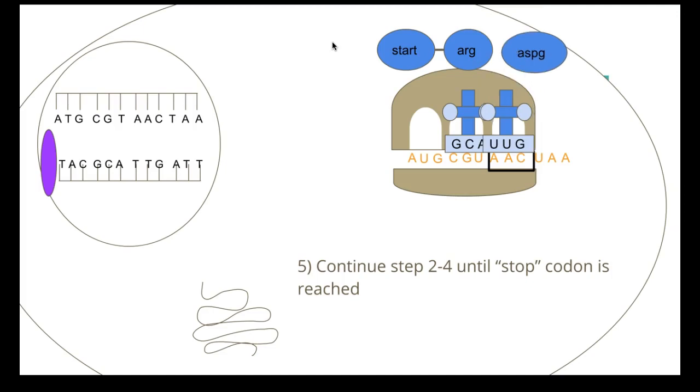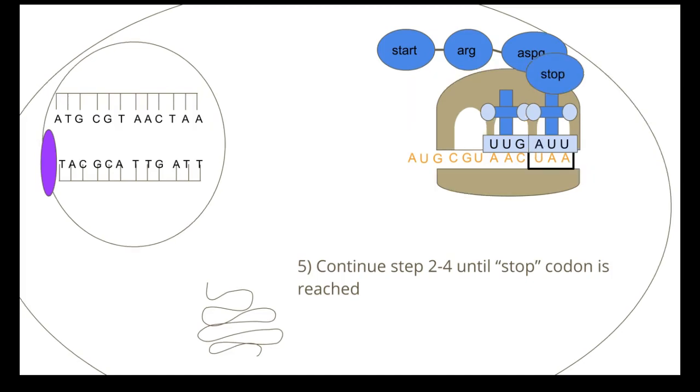Okay, and the same thing's going to happen. We're going to start building our chain by building bonds between the arginine and asparagine. And then we're going to shift the ribosome over. We are going to grab the next tRNA molecule, which happens to be a stop, and we're going to add the stop to our little piece of our little protein.